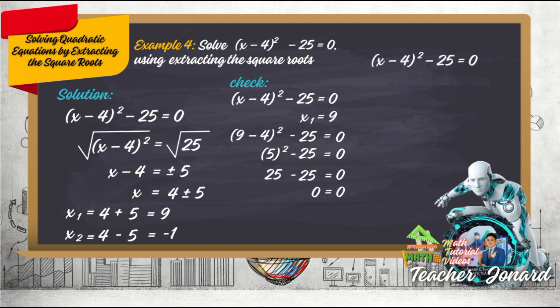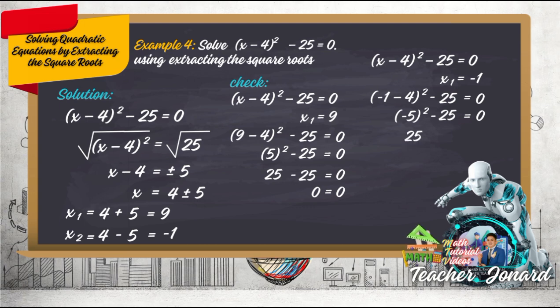The other computed value of x is negative 1. We will substitute this into the original equation, (x - 4)² - 25 = 0, to determine whether negative 1 is a solution. We have (-1 - 4)² - 25 = 0. Simplify. Negative 1 minus 4 is negative 5, squared, minus 25 equals 0.